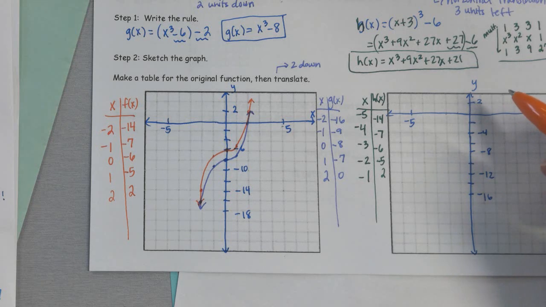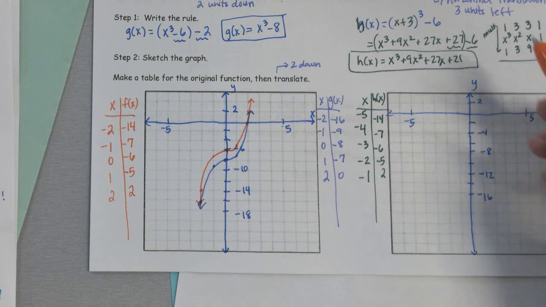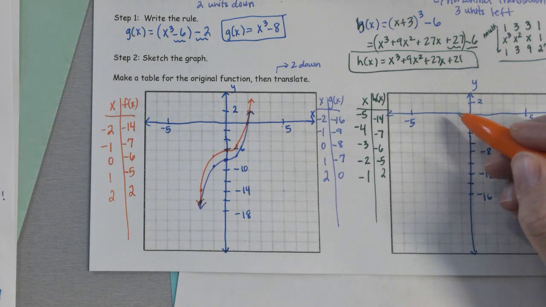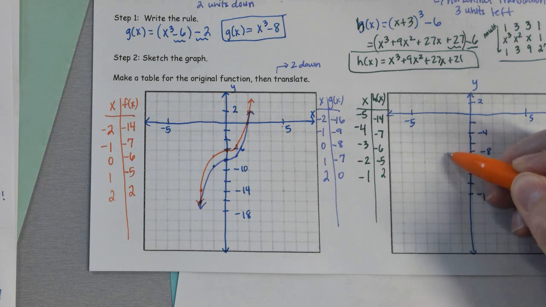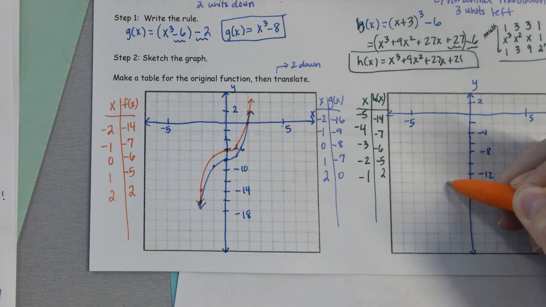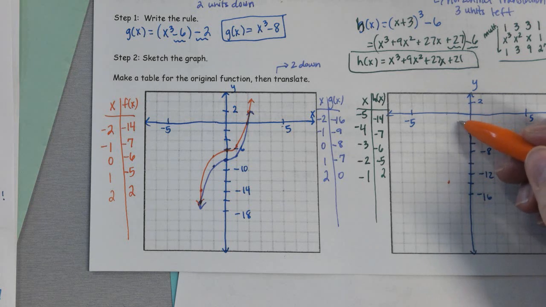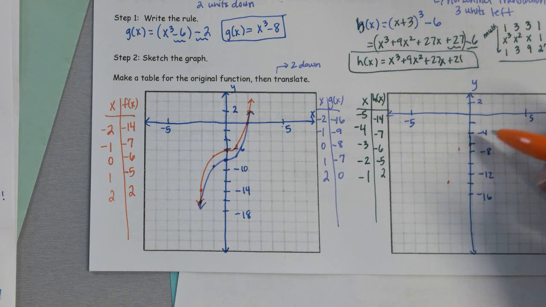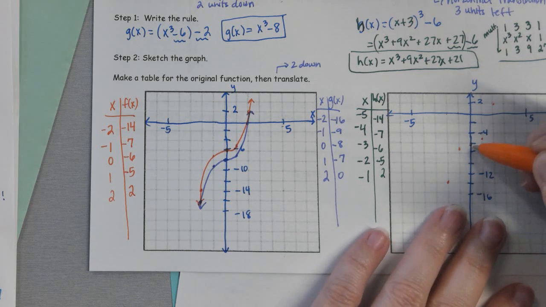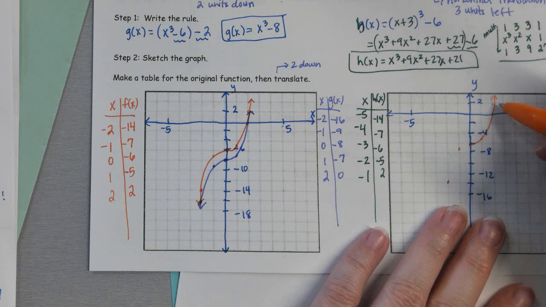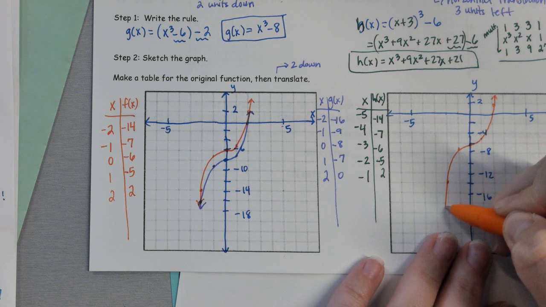Okay, and then I have my original, my f of x. So negative 2, negative 14, negative 1, negative 7, 0, negative 6, 1, negative 5, and 2, 2. And I curve it.